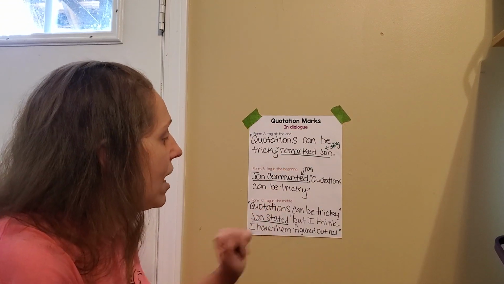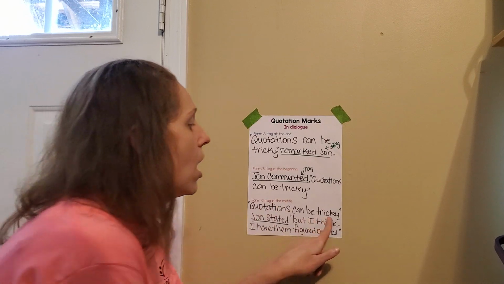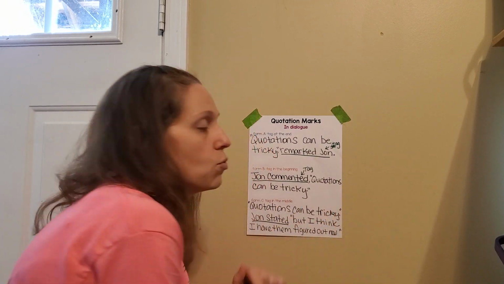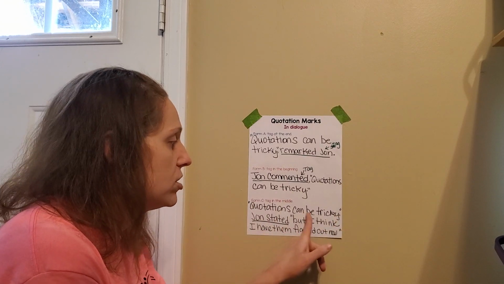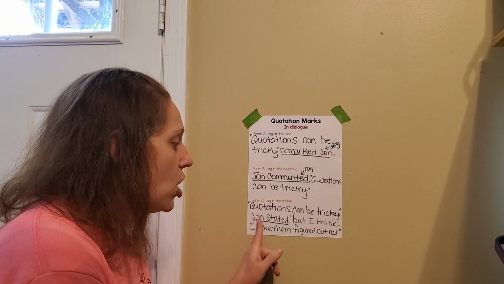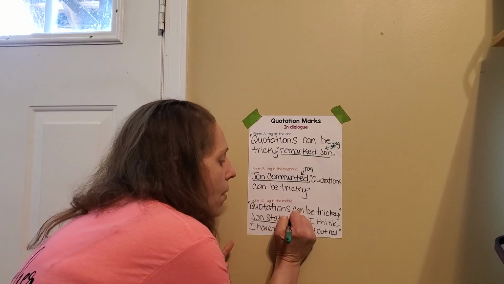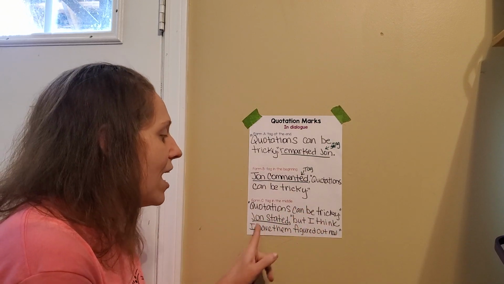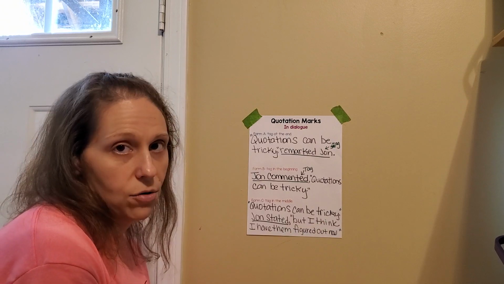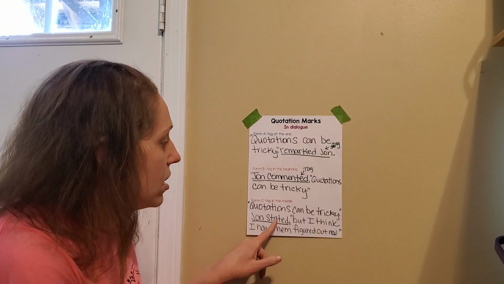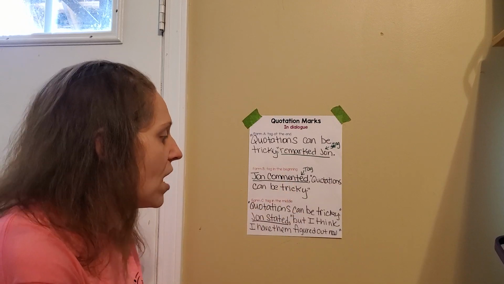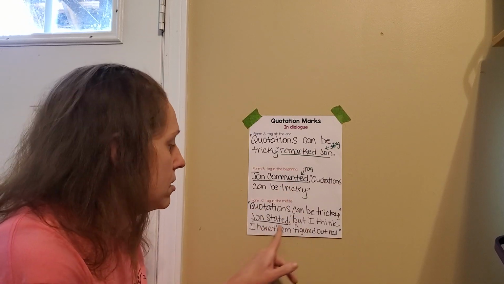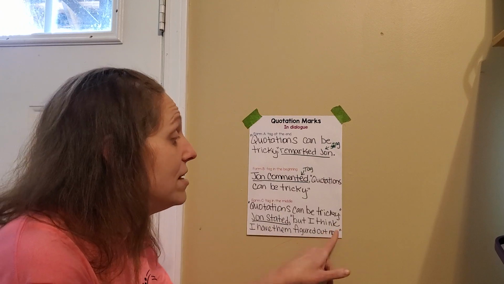When you have a tag in the middle, I'm going to put a comma after the last word he said in the first statement. Quotations can be tricky, comma, John stated, comma, but I think I have them figured out now. So the comma comes after the tag here and here.